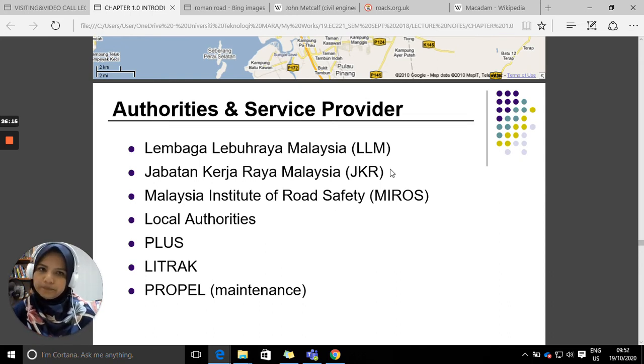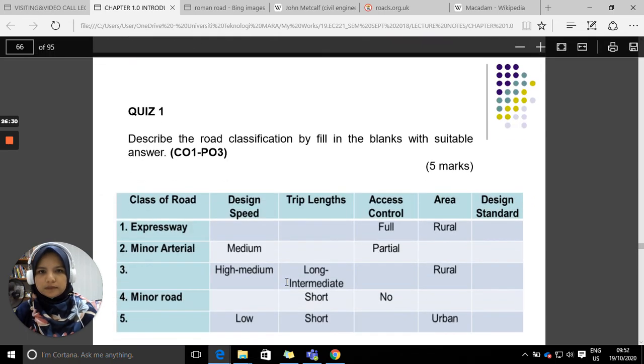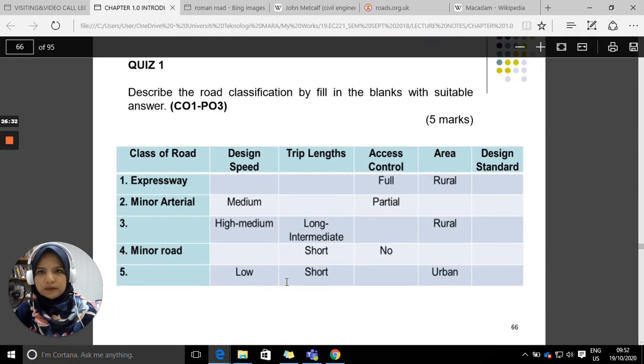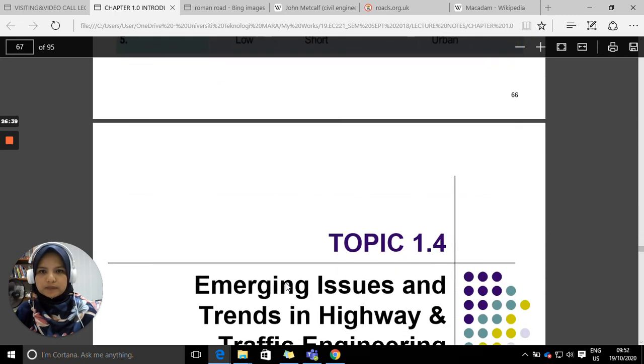Can be LLM, JKR, MIROS is on the safety. Okay. Local authorities, plus LITRAK, PROPEL, lots more. Okay, there is this quiz. Okay, never mind. I will give you a question later for you to answer.